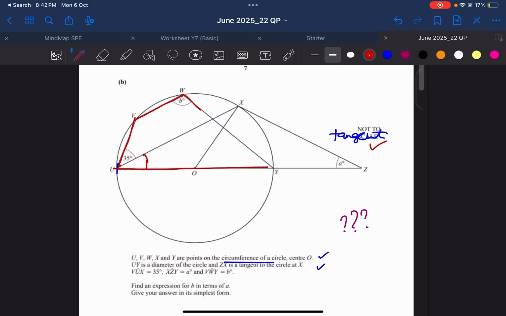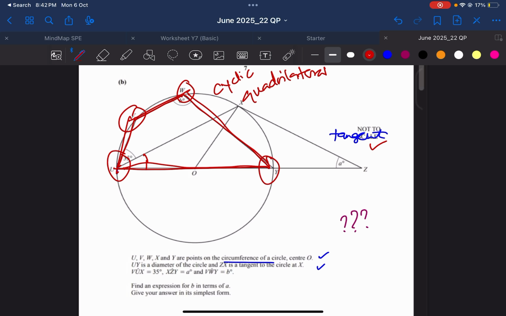Okay, so that shape, 1, 2, 3, 4, automatically in my mind, this is a quadrilateral, a cyclic quadrilateral, because all of these meet at the circumference. So that is the point of the first sentence earlier. Automatically when I read it, I realized this means a cyclic quadrilateral.